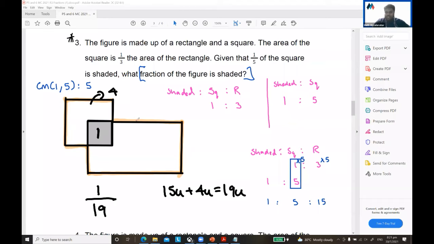So this is no longer a rectangle, right? The rectangle is 15 units, which means this portion here is 14. Which means this portion here, as we suggested earlier on, is 4. So it's easier to look at it this way as well. So the total unit for the area is 4 plus 1 plus 14, which is 19. All right, so it's 1 over 19. Okay, this way it's fine.